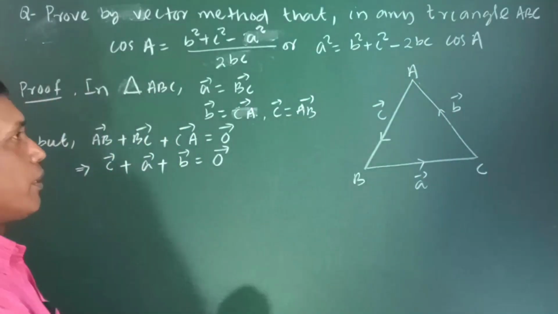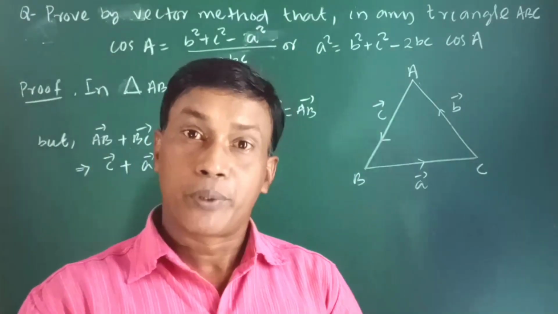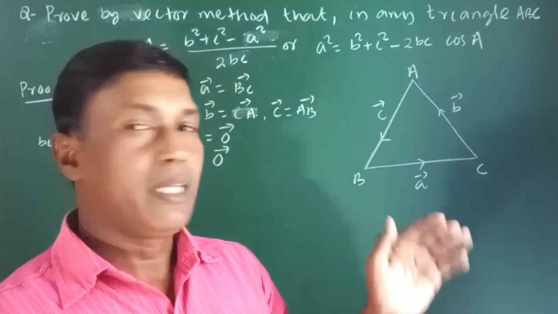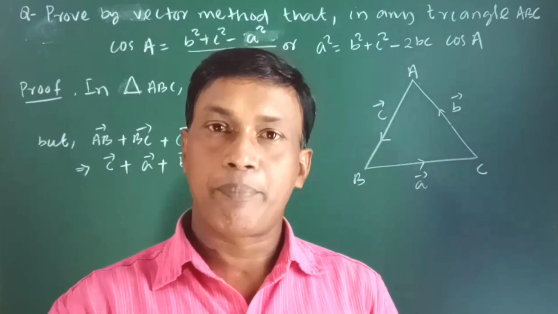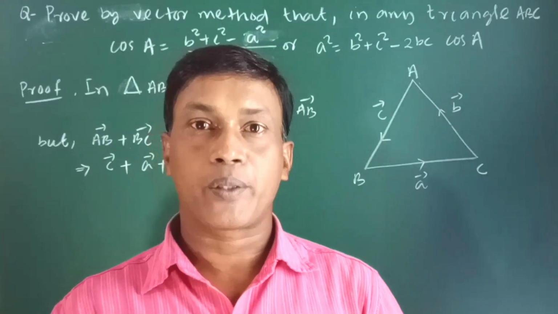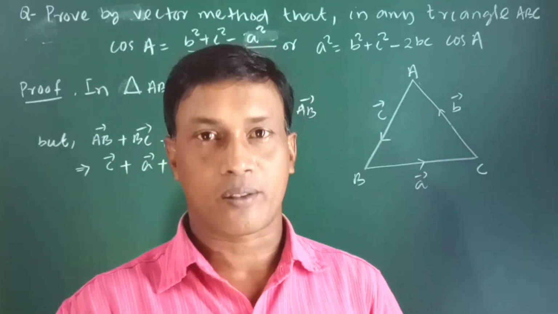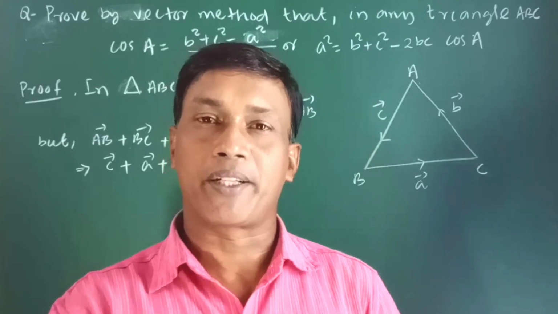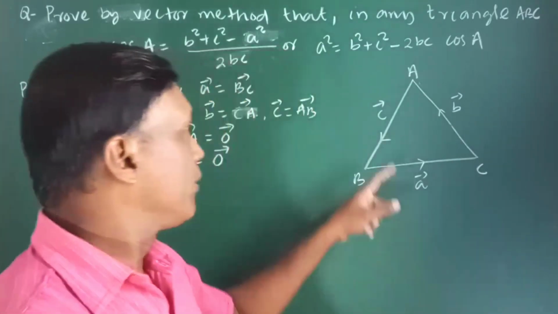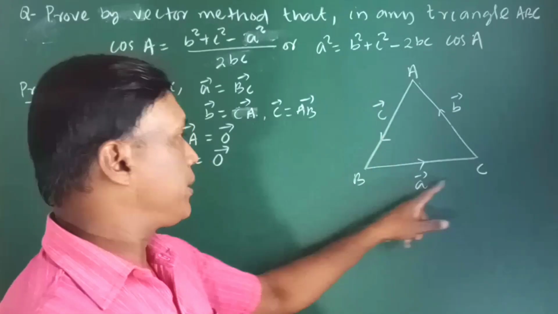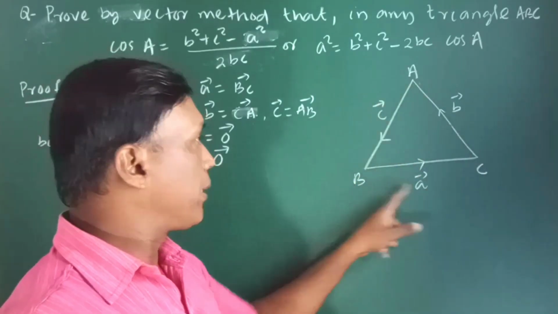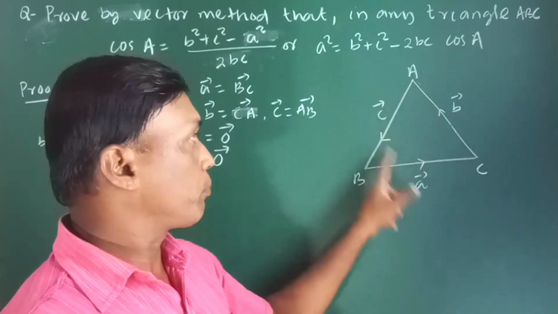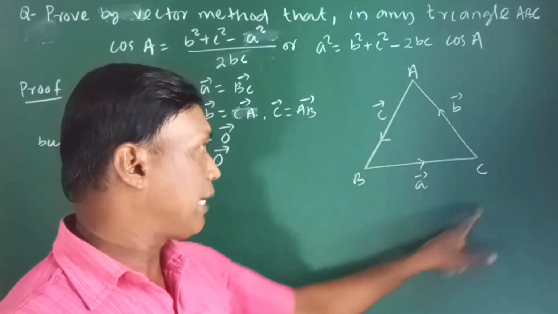Now, we have also proved that if the vectors are represented by the sides of a closed polygon taken in order, then the resultant is the zero vector. Here, the three vectors AB, BC, CA are represented by the closed polygon, the triangle, all in the same order.